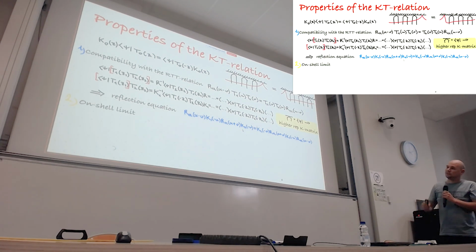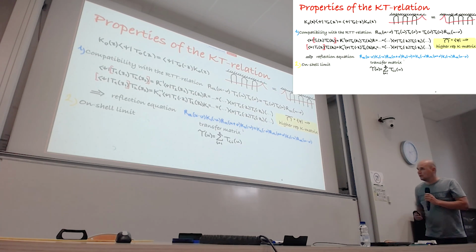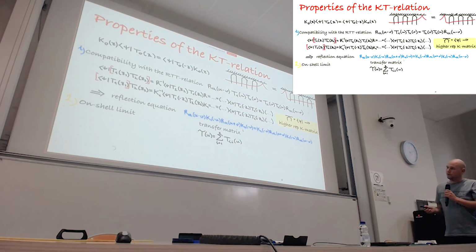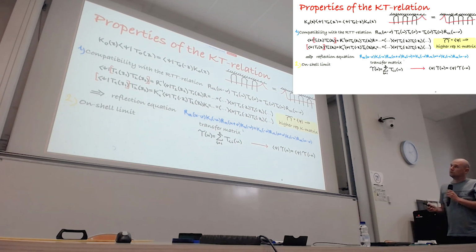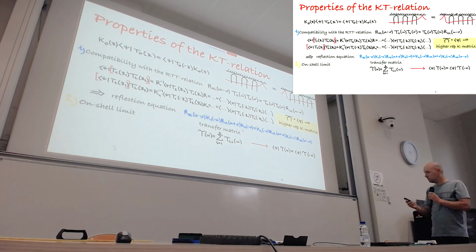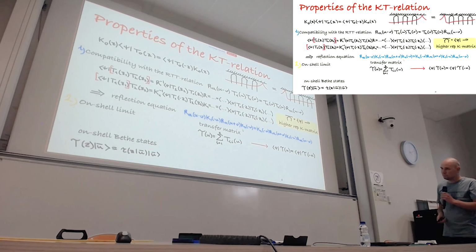Okay, and let's see what is the consequence for the on-shell overlap. So let us define the transfer matrix without twists. And we can derive this simpler equation from the KT relation, by taking the product with the inverse of the K and taking the trace in the auxiliary space.